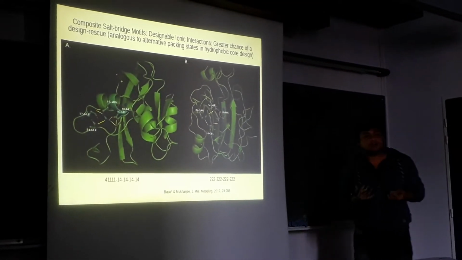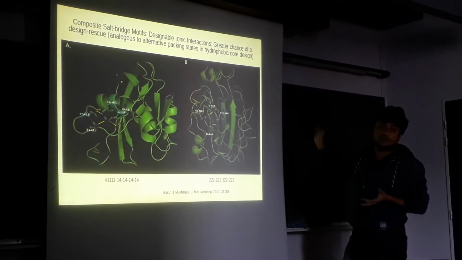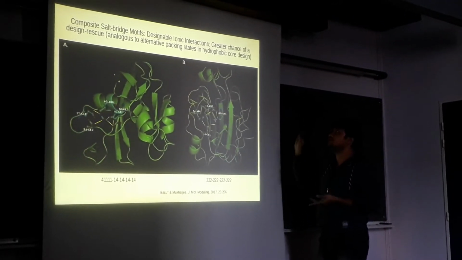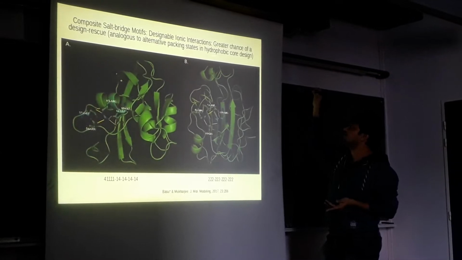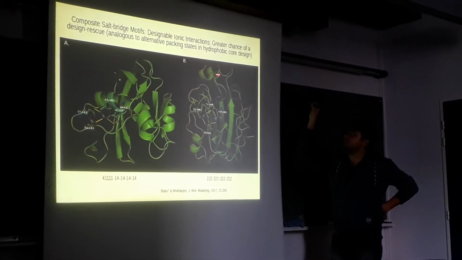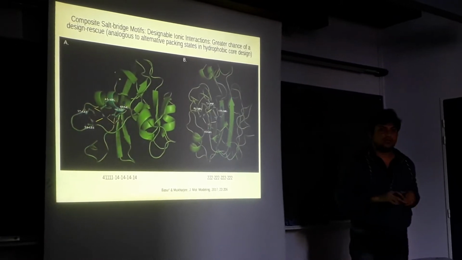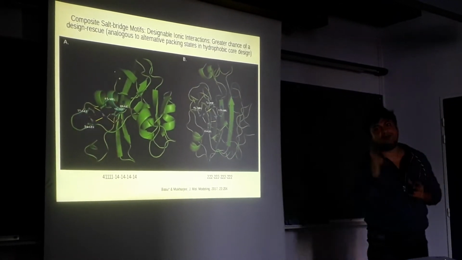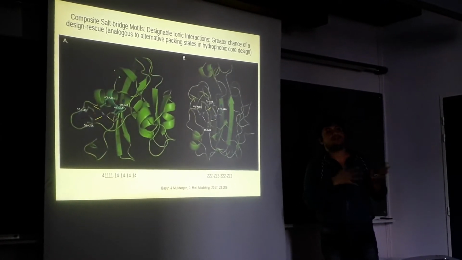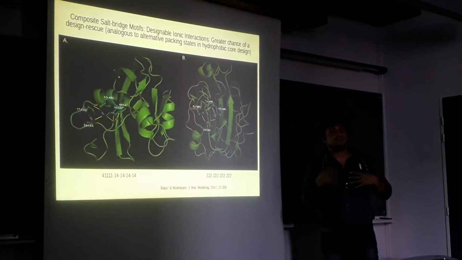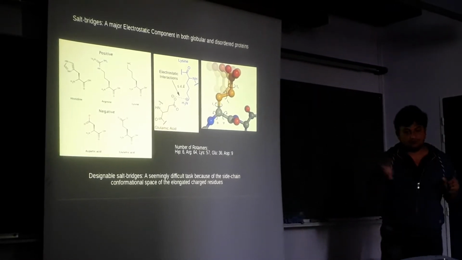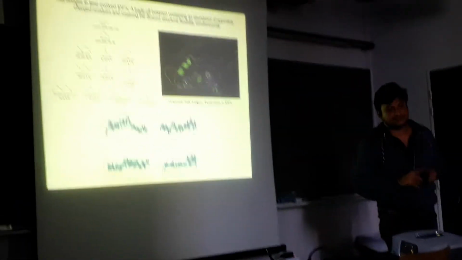That will probably increase the plausibility of the rescue of the designed salt bridge. And this is very similar to designing alternative packing states in the hydrophobic core of proteins. People have found that a particular hydrophobic core may not result from a certain topology. A combination of topologies can give rise to the same fold, as long as certain global constraints are matched.